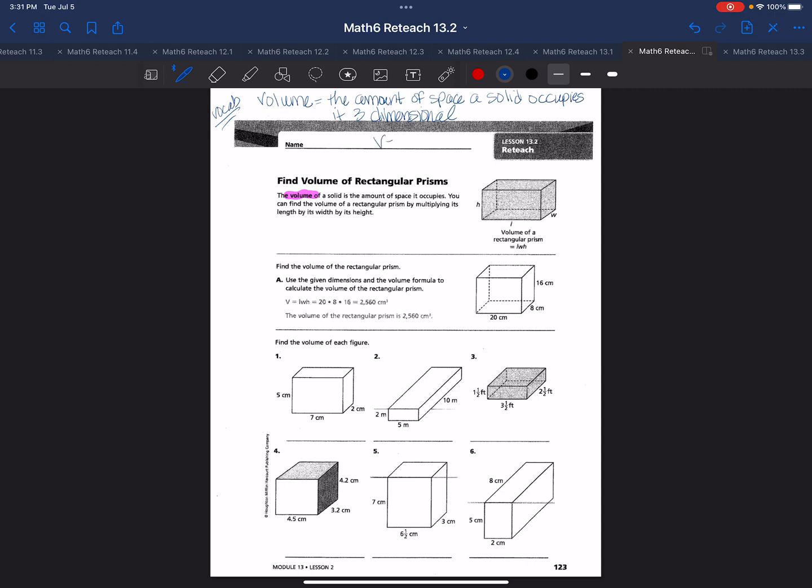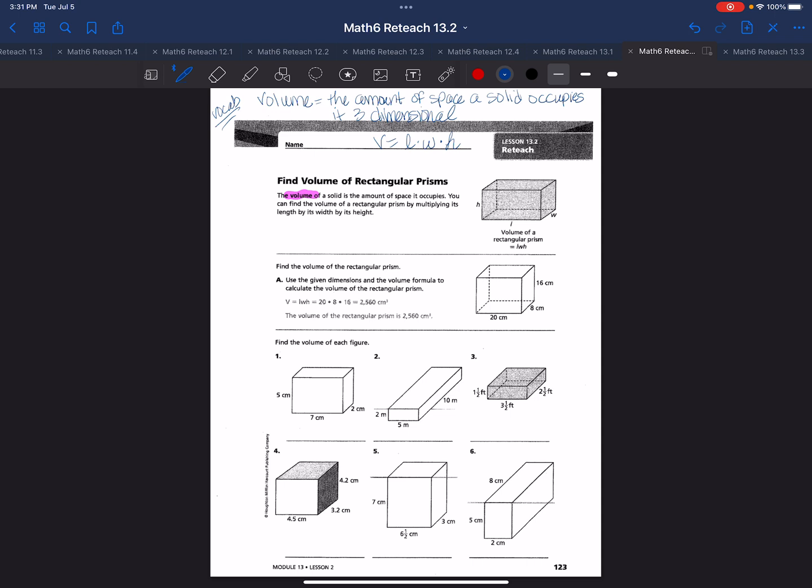And again, volume is length times width times height.